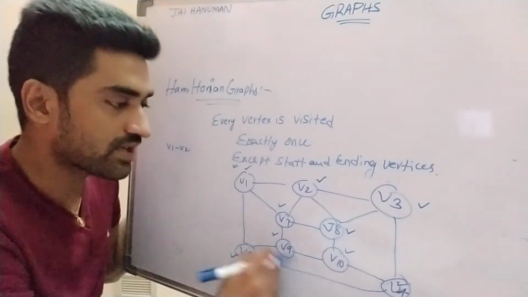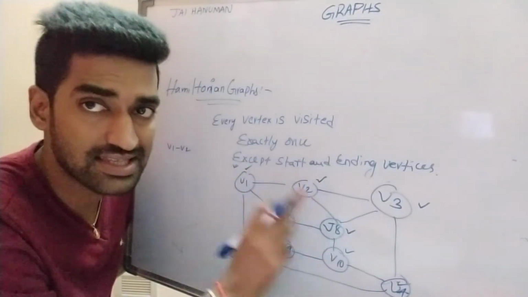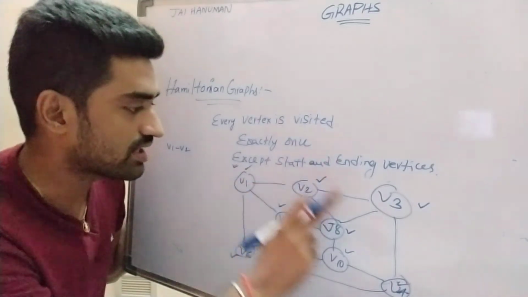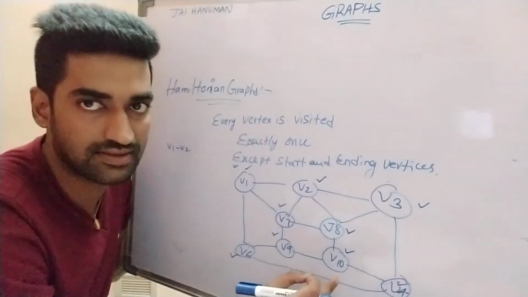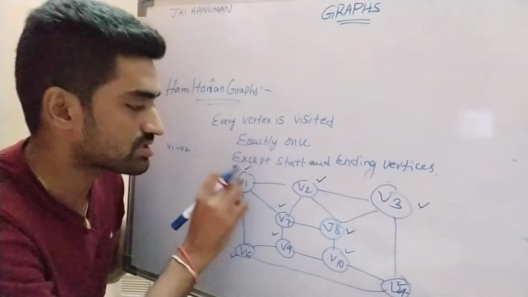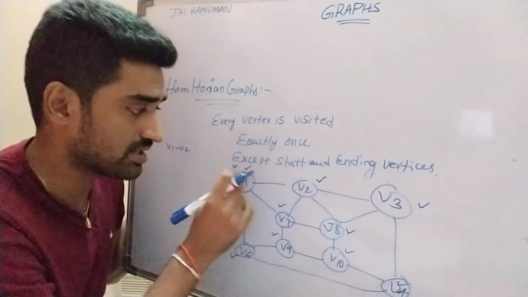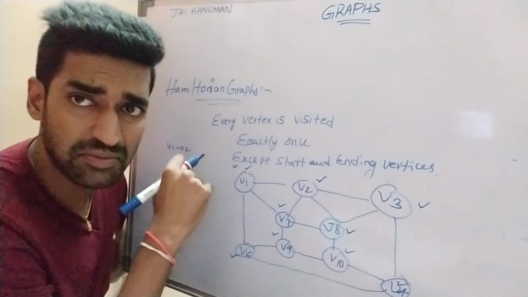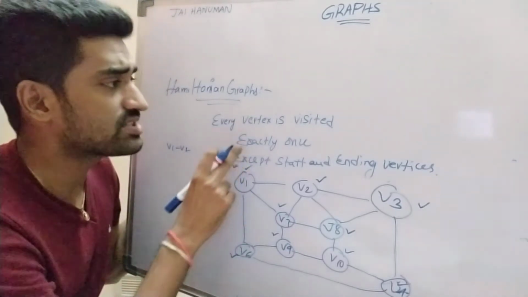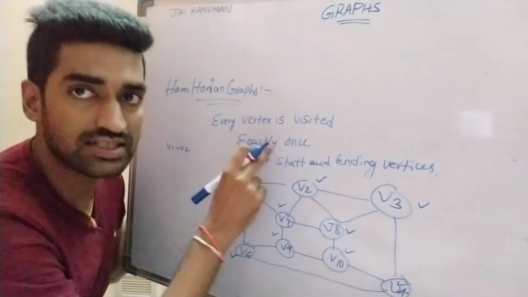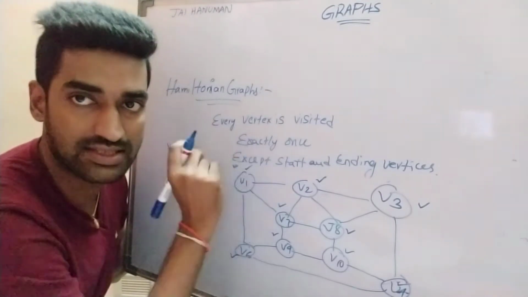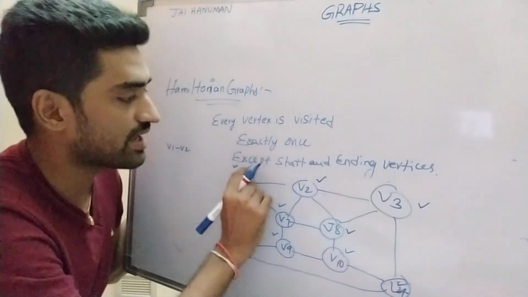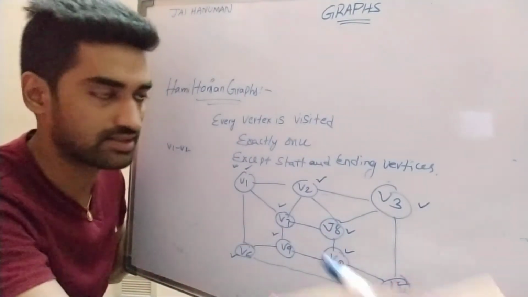Every vertex has been visited exactly once. So this graph is also called a Hamiltonian graph. Here the starting and ending vertices being visited exactly once is not mandatory. A graph is called a Hamiltonian graph in which every vertex is visited exactly once, except starting and ending vertices.